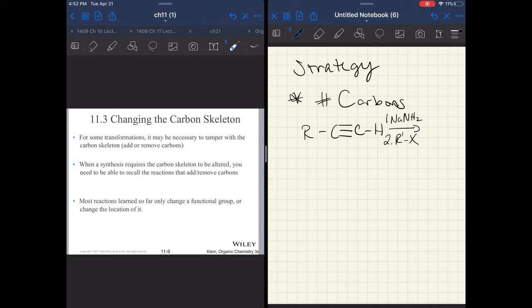And that is going to give you, you still have your triple bond, but that will put another R group on. The only other carbon-carbon bond formation that you have learned is super, super specific. It's useful, but it's very, very specific.